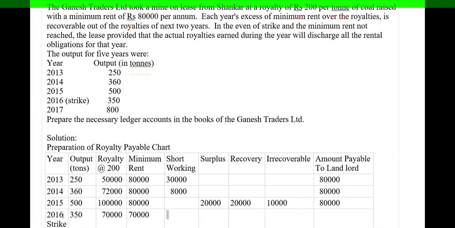So there is no short working, there is no surplus, so there is no recovery. So here there will be irrecoverable of rupees 8,000, because the 2 years period is over. So amount payable will be rupees 70,000.